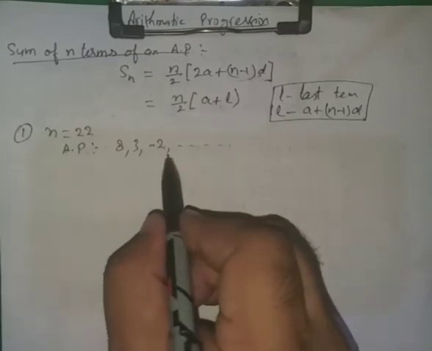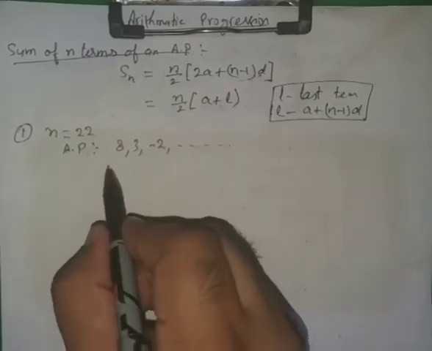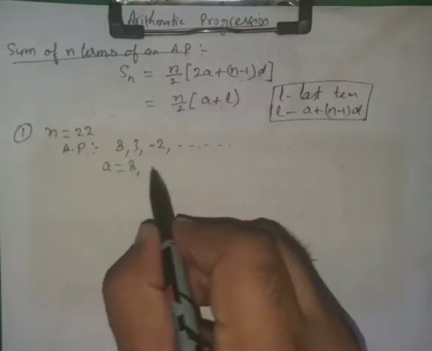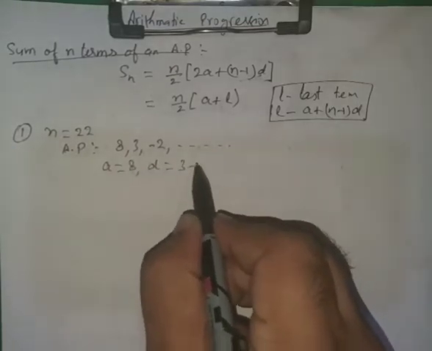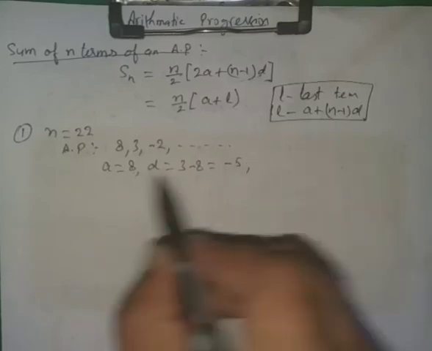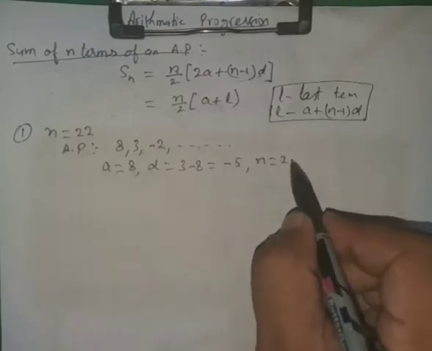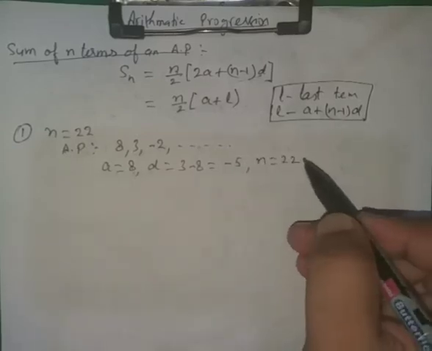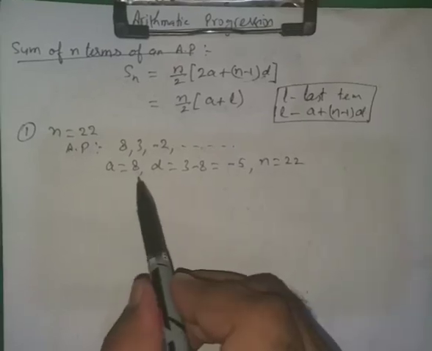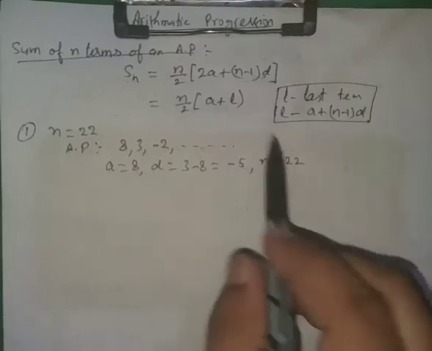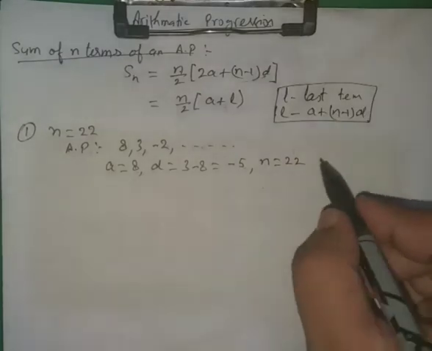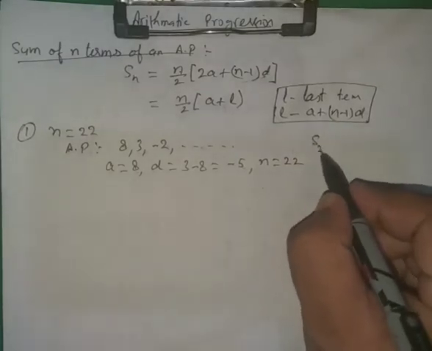Looking at this series, we get a = 8, d = 3 - 8 = -5, and we already have n = 22. Now here we have a, d, and n, so the first formula will be used. We have to find the sum of 22 terms, so I am writing it as S22.